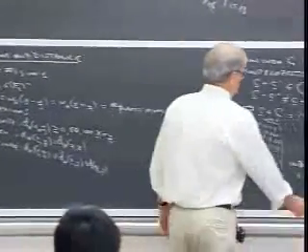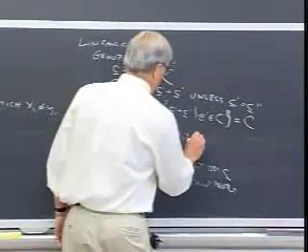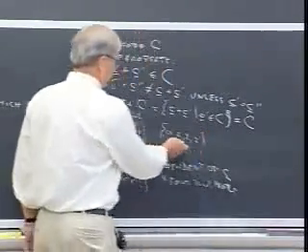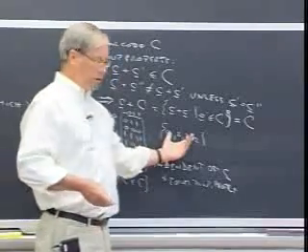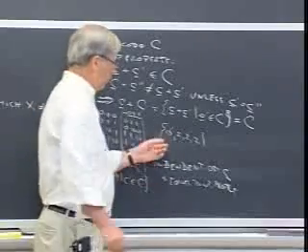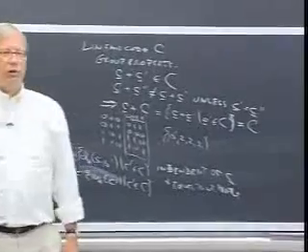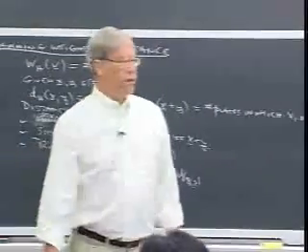Now here the weight profile is 0, 2, 2, 2. The distance profile from any code word to all the others is 0, 2, 2, 2. This is always the distance to itself, so the minimum distance to other code words is always going to be 2. And there are going to be 3.